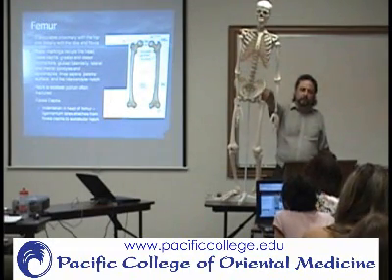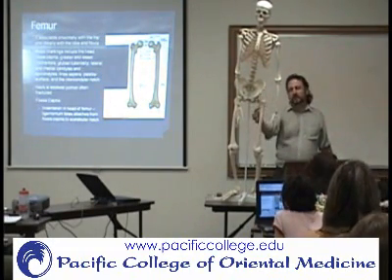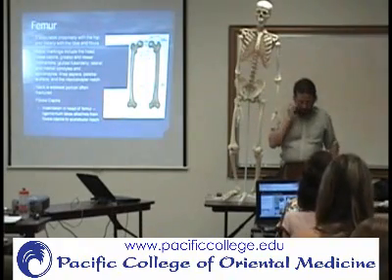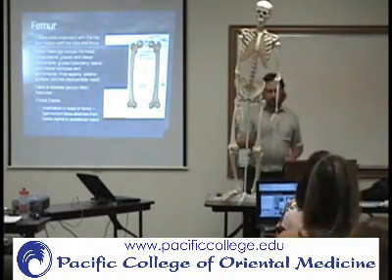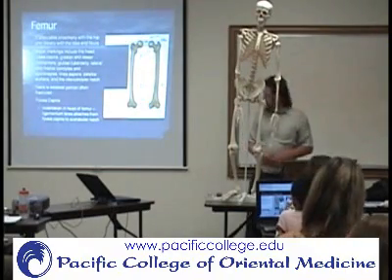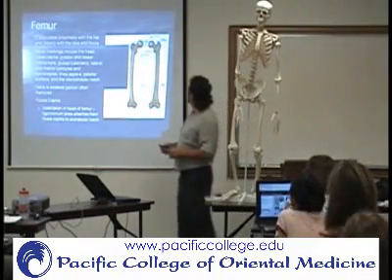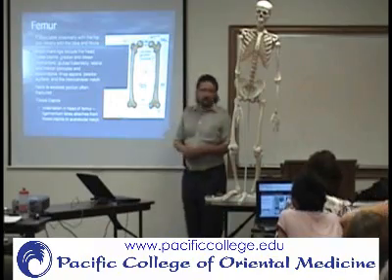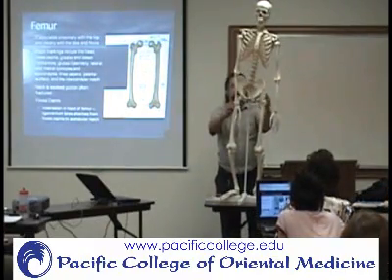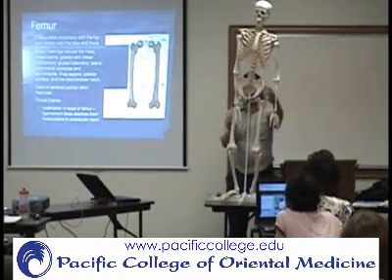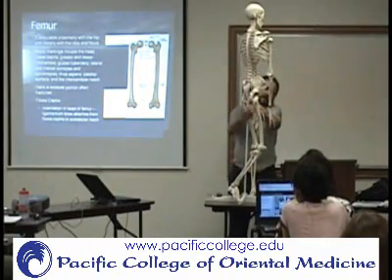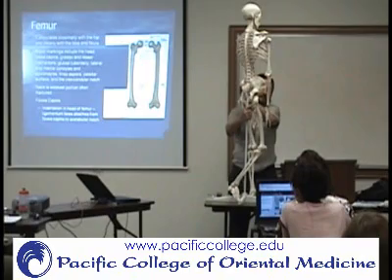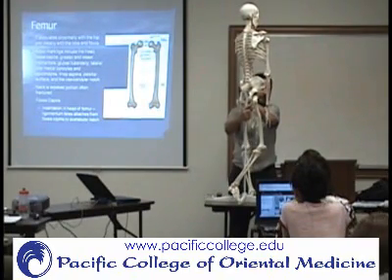There's a lot of muscles that are going to attach onto this, some more that are going to attach onto that. Then on this back side here, the gluteal muscle attaches a little bit lower than the greater trochanter, so you're going to have a gluteal tuberosity down here.